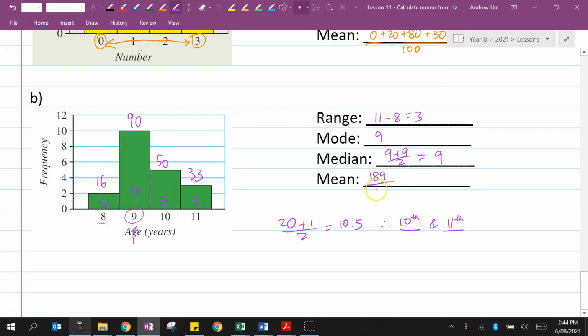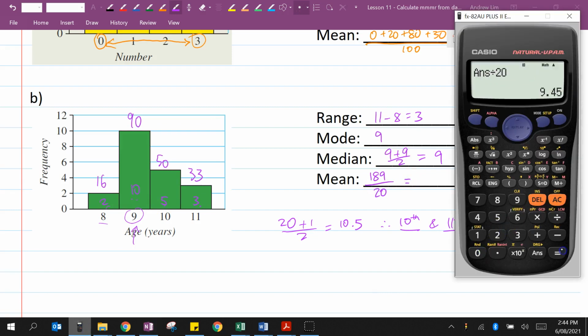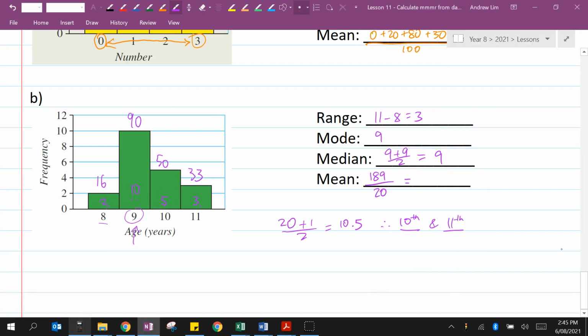We said that it was 20, so I'm going to divide it by 20. And that's 9.45. So the average age for this, let's say it's a golf class for children, is 9.45 years old. Okay, and that looks right because it needs to be somewhere from 8 to 11, and 9.45 is somewhere between there.